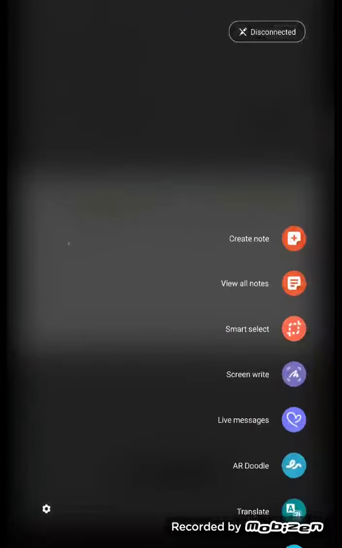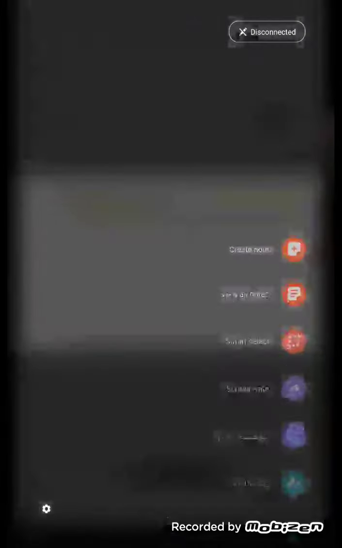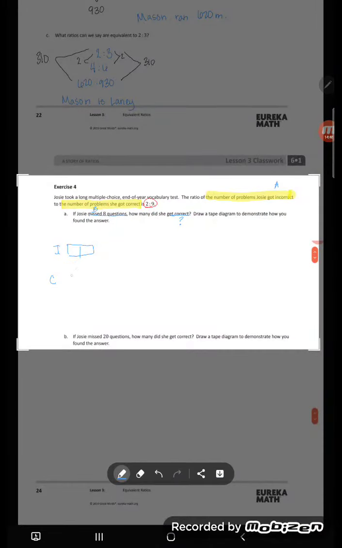And we're just going to do 2 to 9. It takes a second to draw because there's so many parts.